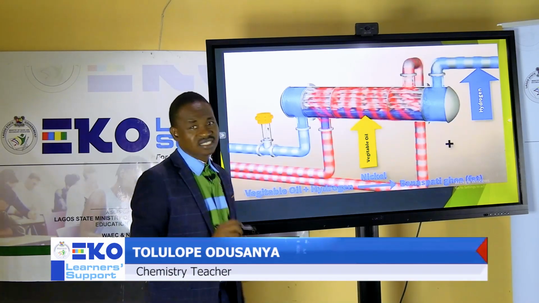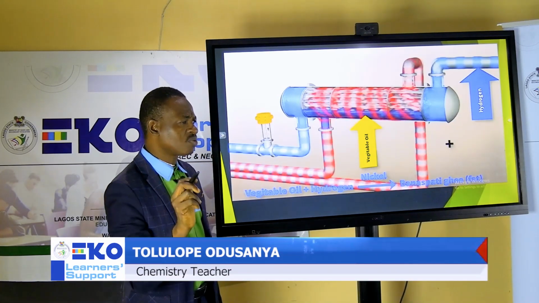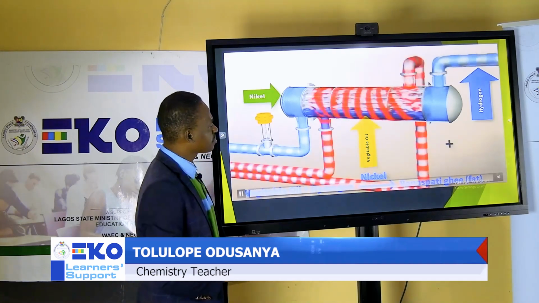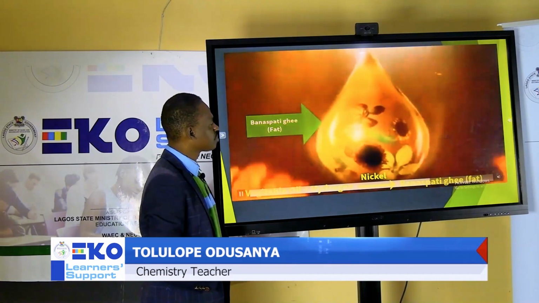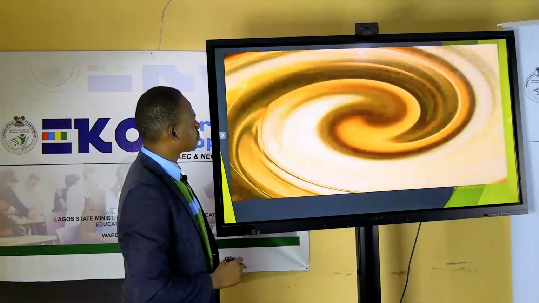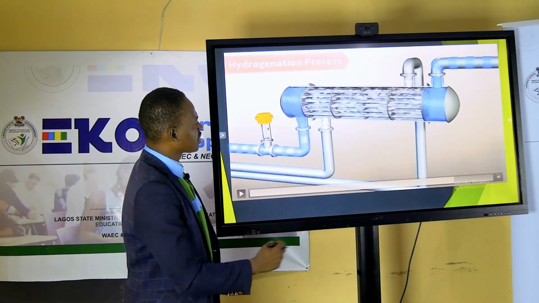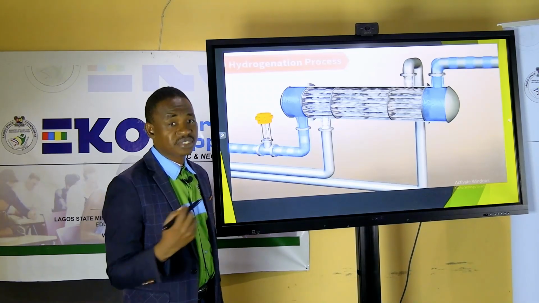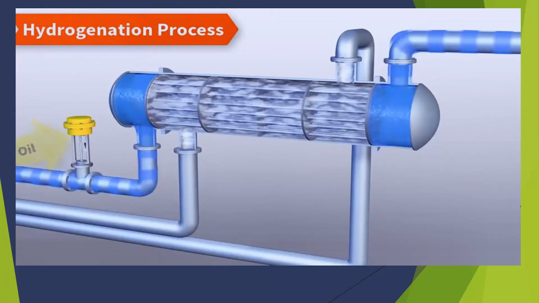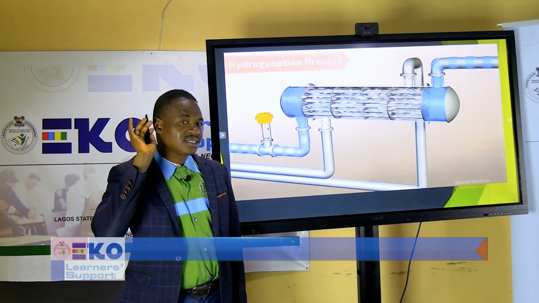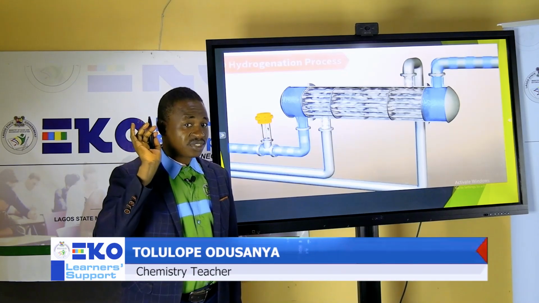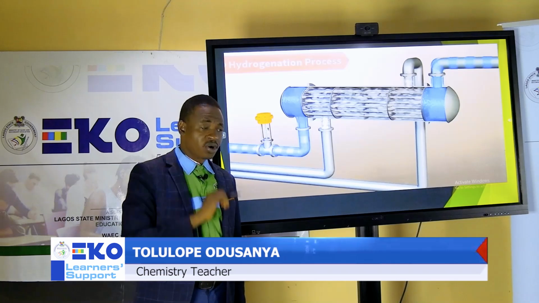And this whole process is called hydrogenation of oil. So this industrial process of producing fats from oil. So your butter, your margarine is being produced by a process called what? Somebody tell me. Hydrogenation. Oh, good. Of oil.